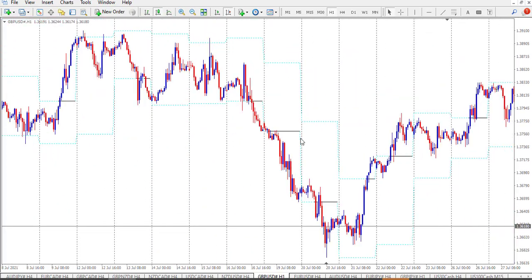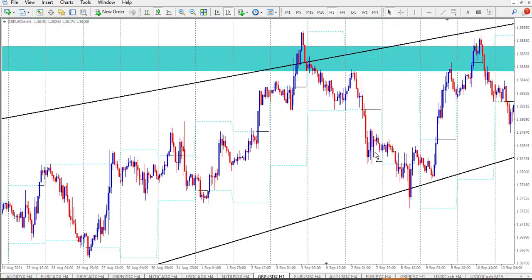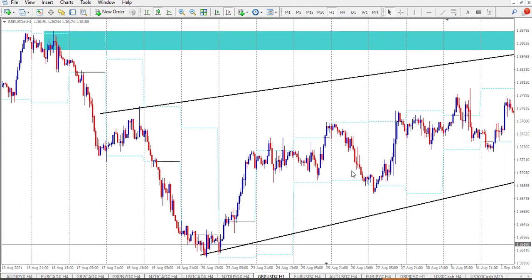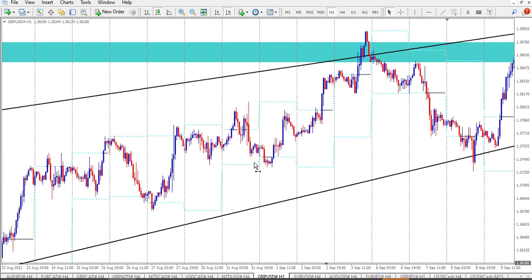So this is supply and demand, price action pattern, and trend line strategy. So from the lower time frame, you can see the trades from a much quicker perspective in terms of time taken to form the setup and everything.